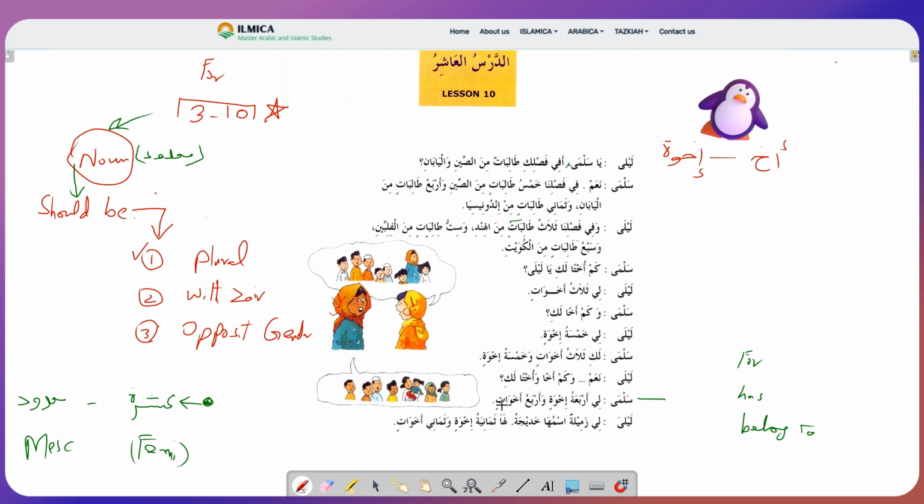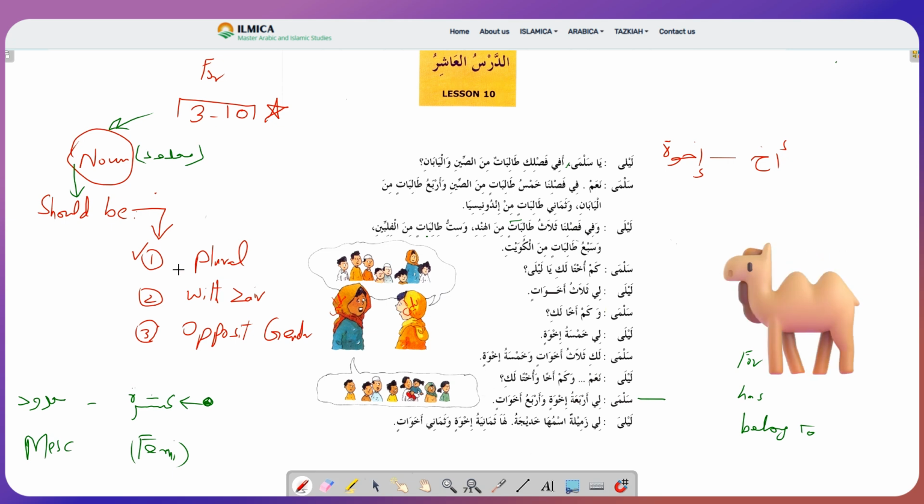Yes, akhawat. That is because arba'u is a number, so it could not be a ma'dud. The ma'dud should be a noun that follows this number, that comes after it. So akhawat is the ma'dud. In our rule, we said the Madood should be, number one, plural, with tanween and opposite gender.